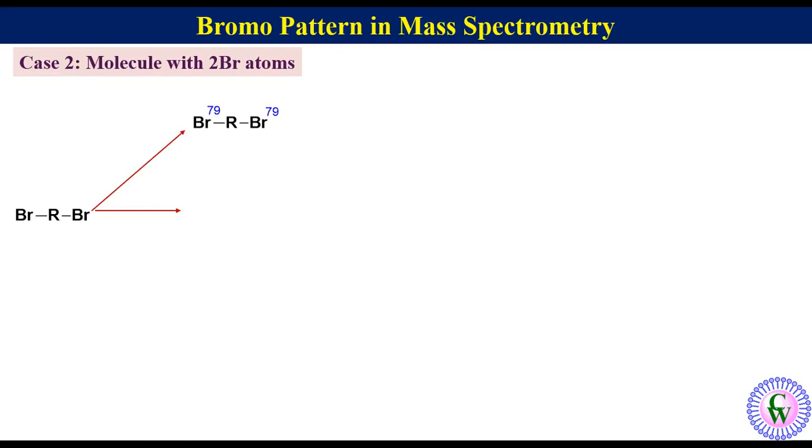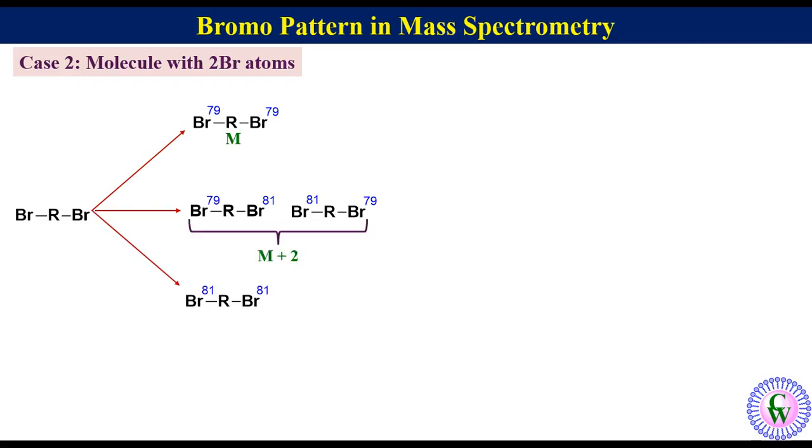There are two possible combinations, molecules with Br79 and Br81, and molecules with Br81 and Br79. The third type of molecules are the molecules with both Br81 atoms. The peaks in the mass spectrum corresponding to these molecules respectively are M, M plus 2 and M plus 4.